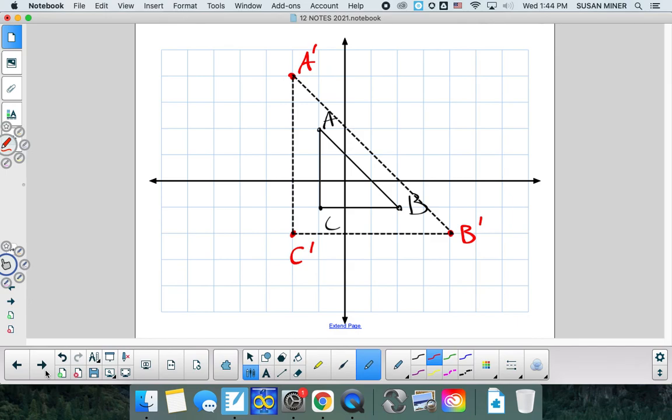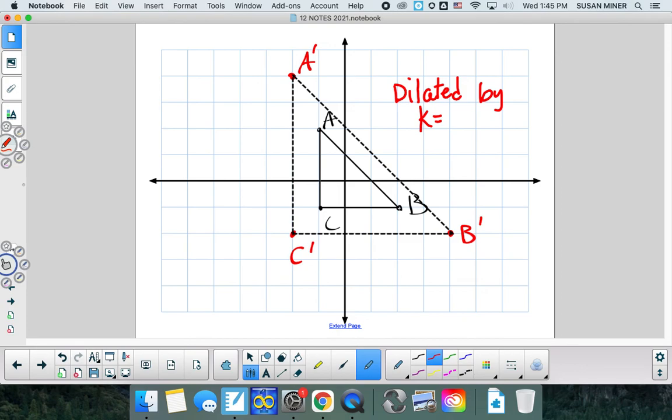How big or small was this dilated? Let's write a rule. So I want to figure out what is the scale factor, right? I know this was a dilation. Normally when we have a scale factor, we use the variable k to represent our scale factor.